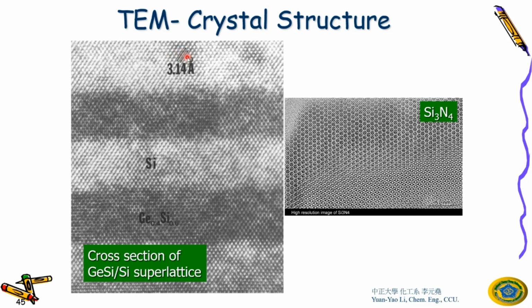And you can measure the distance between the interplanar spacing. Here it is about 3.14 angstrom. So according to the interplanar spacing, you will be able to know the material. You will be able to know what plane you are watching. So compared to this is germanium silicon. So TEM is a very powerful machine, but very expensive.